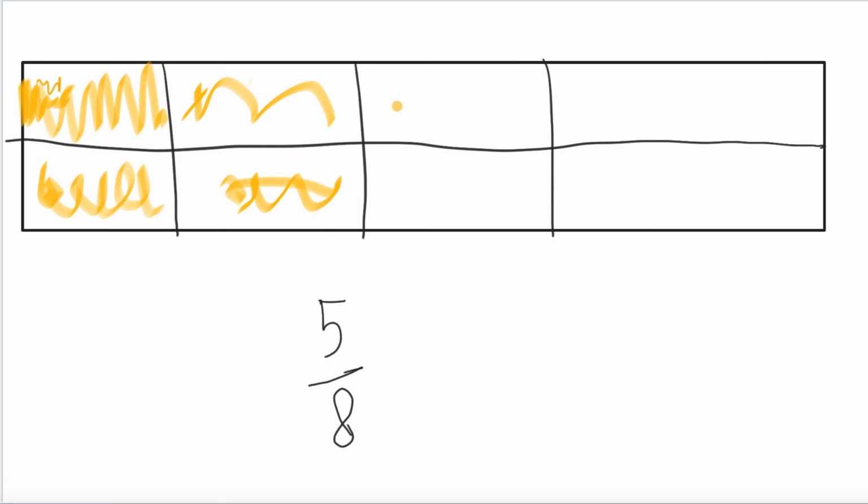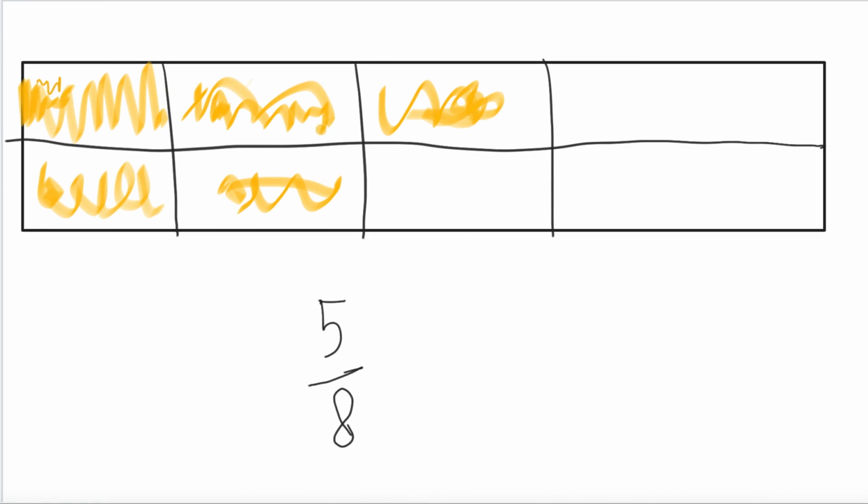Now we have shaded 5 parts. I'll make these neater as we speak. So now that we have shaded 5 parts, that means that we have our diagram.